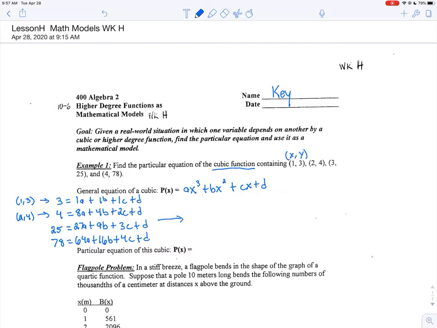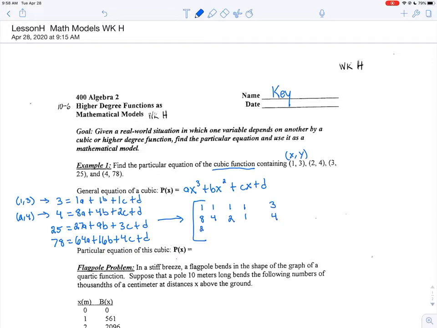So the key thing with our matrices, I'm going to rewrite it how we would have our matrix here. This is going to be a 4 by 5. Remember with this, we always want to put the y value at the end. So we've got 1, 1, 1. The d value is always just a 1 for that. That's just constant. And then I'm going to bring my y to the end, so I have a 3 over there. I'm just going to rewrite these quickly. So 8, 4, 2, 1, and then bring the y value over.